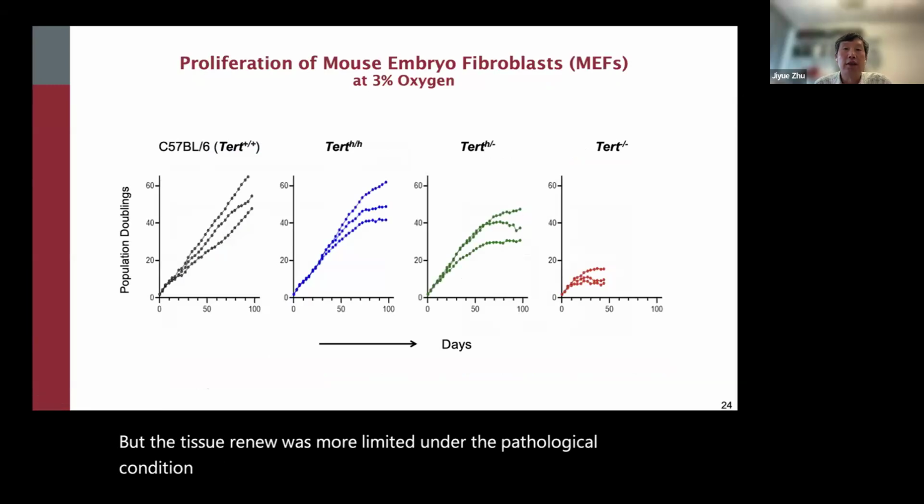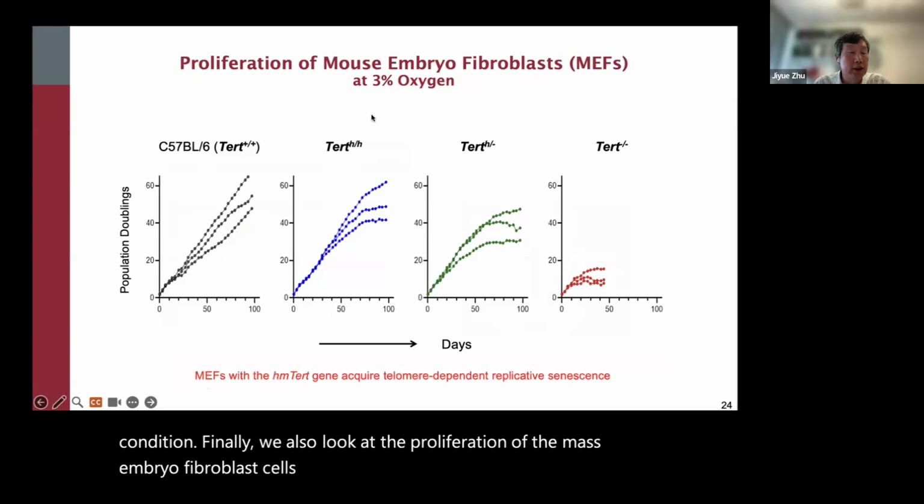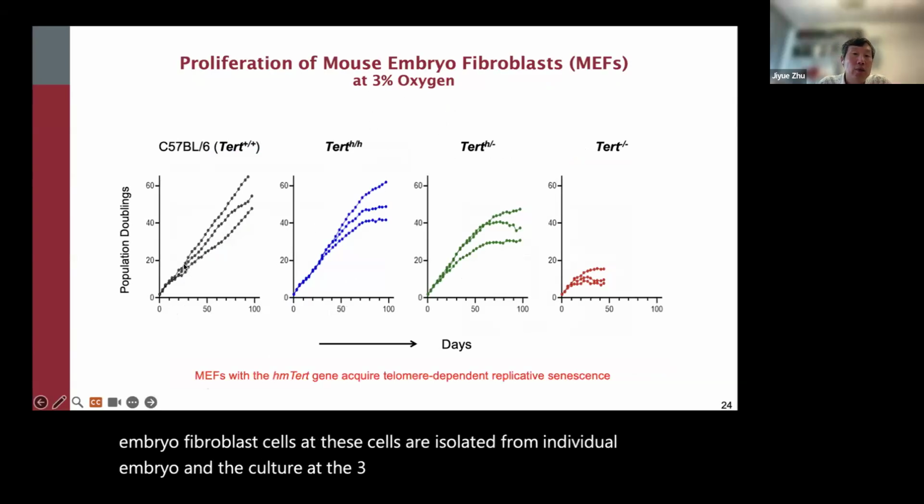Finally, we also look at the proliferation of mouse embryo fibroblast cells. These cells are isolated from individual embryos and cultured at 3% oxygen. The wild-type MEFs continually proliferate.